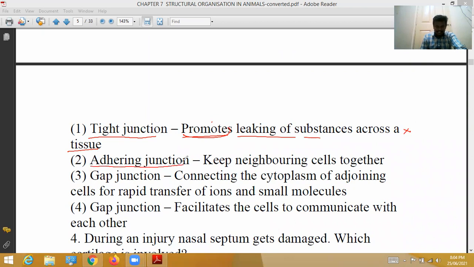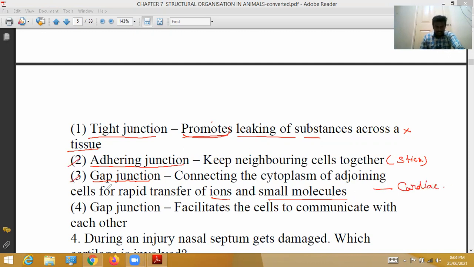Next, adhering junctions keep neighboring cells together. They are also called stick junctions. It is a correct option. Next, gap junctions connect the cytoplasm of adjoining cells for rapid transfer of ions and small molecules. These junctions are commonly present in cardiac muscles. It is also correct.